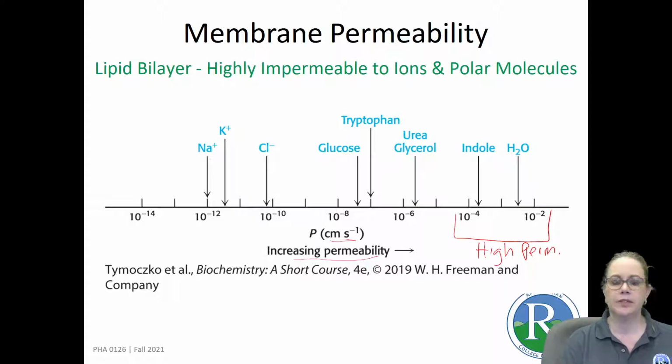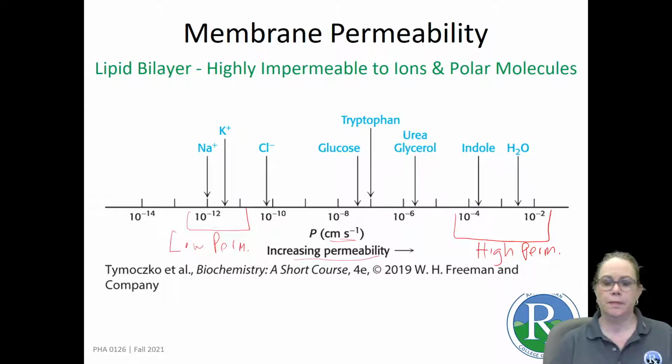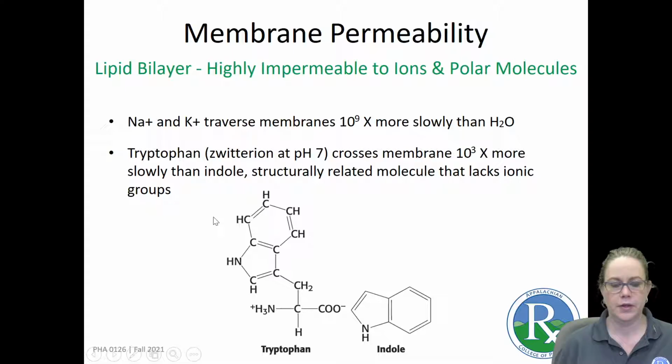Things at the lower end, the polar charged ions, have low permeability. Most things then fall in the center. If we do some comparisons, we see that sodium and potassium traverse the membrane 10 to the 9 times, so a billion times, more slowly than water. So it's very, very slow.